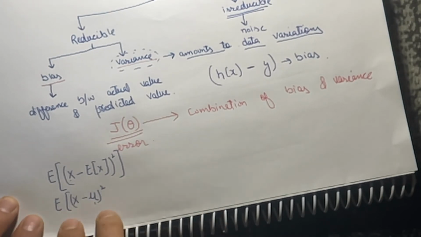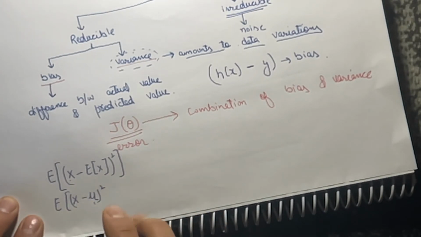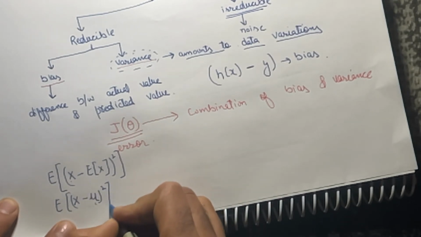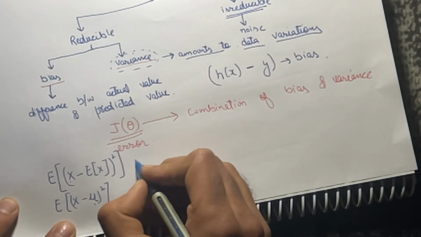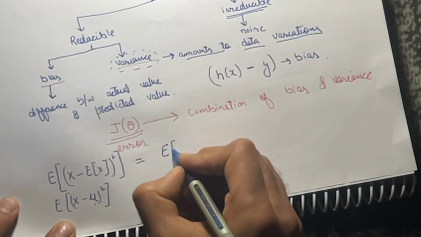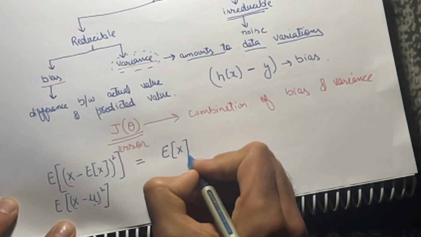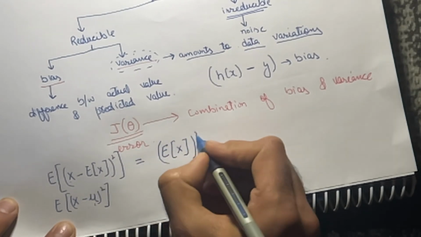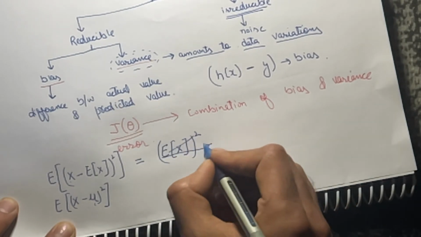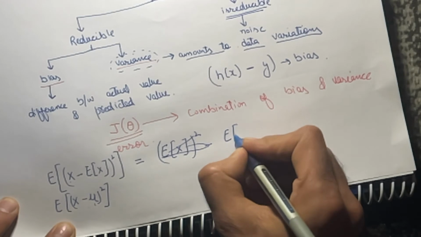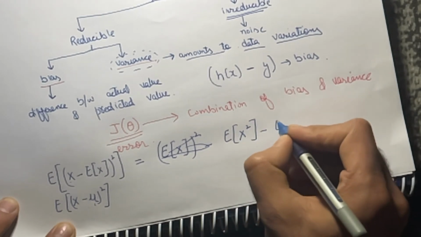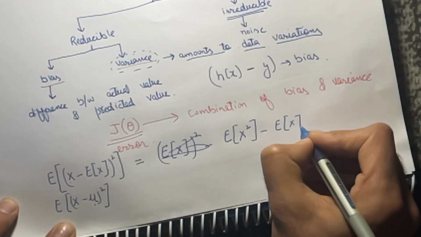We will discuss this in a couple of lectures when we discuss probability. But keep in mind that this is equal to expectation of x square minus expectation of x whole square.